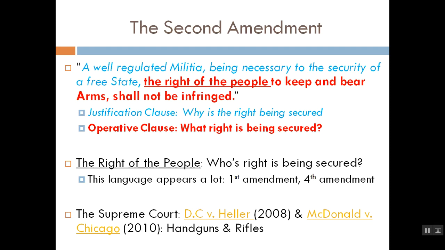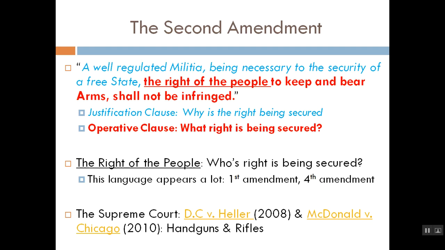So the argument here has to do with whether your Second Amendment freedom to keep and bear arms is an individual liberty reserved to particular citizens like Heller, or it is a collective right reserved to militias.